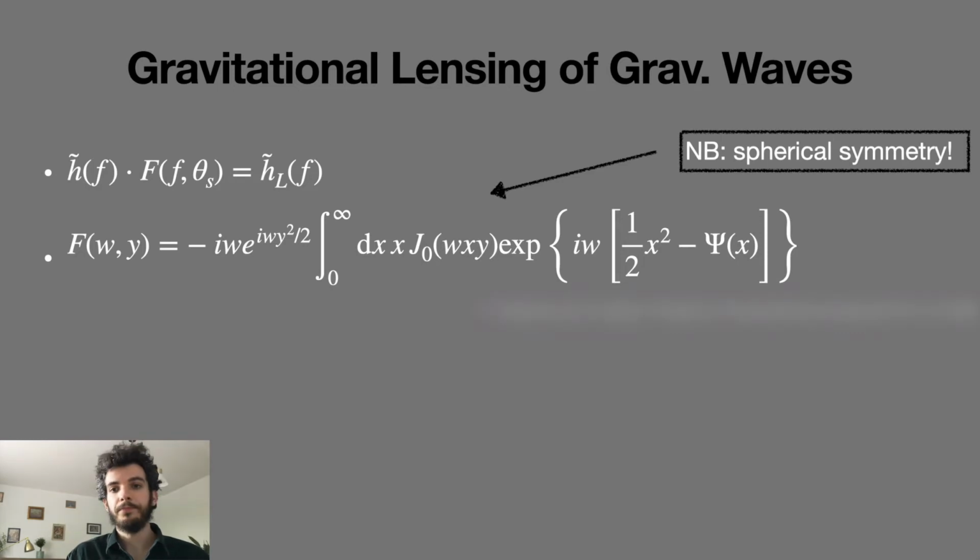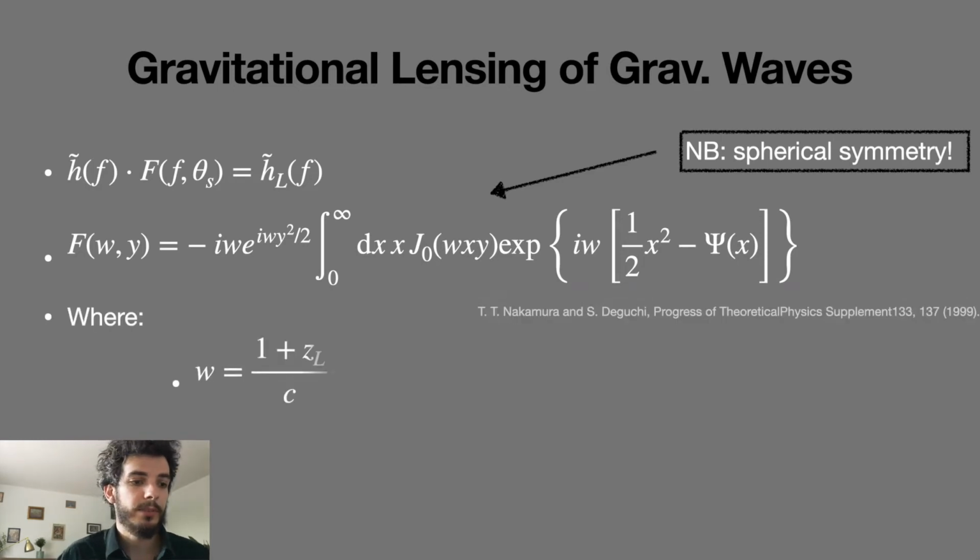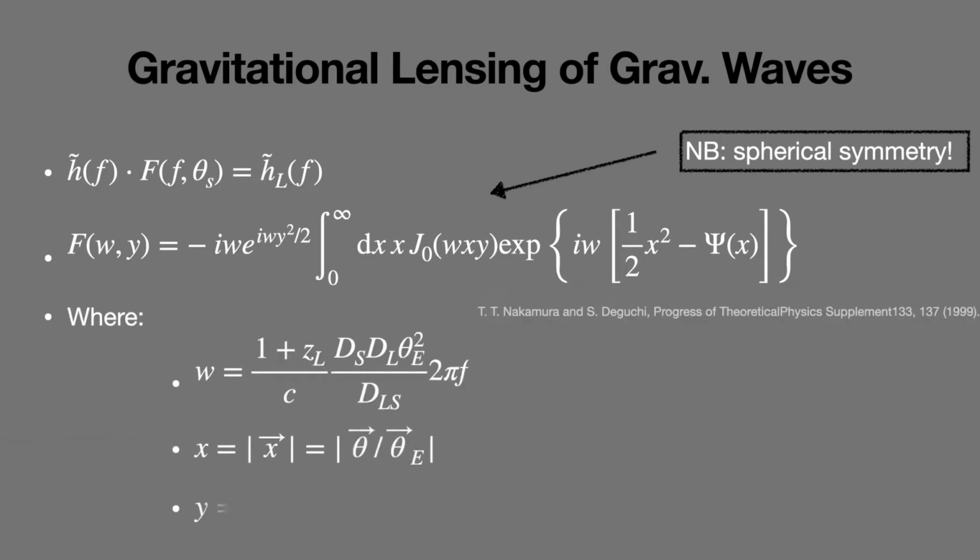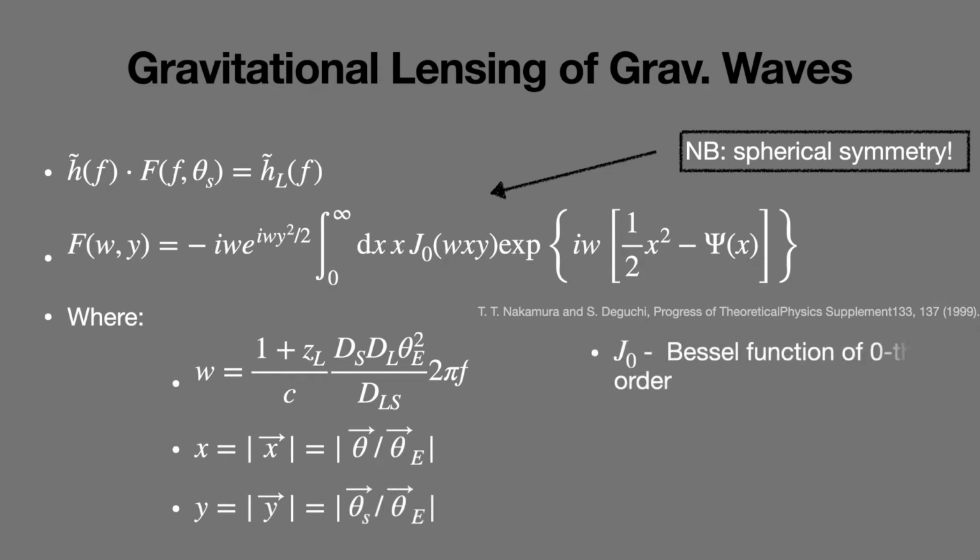In particular, here we have the dimensionless frequency w, which contains the information about the redshift of the lens and the distances between the observer, the lens and the source, and it contains theta E, that is the Einstein radius, the usual characteristic length in the lens plane for a point mass lens.